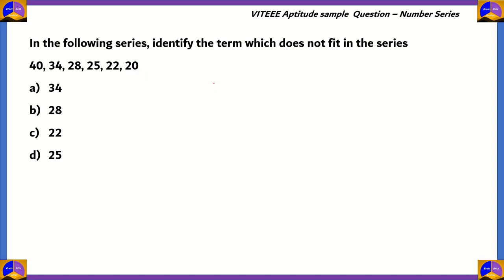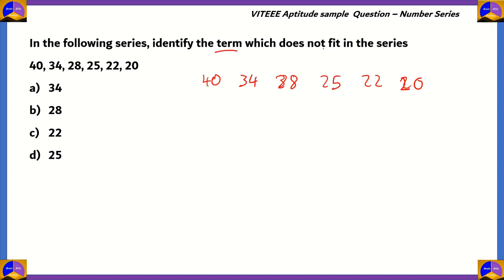In order to dissect any number series, the first thing we do is find out the difference between the consecutive numbers in each series. So, for example, you have 40, 34, 28, 25, 22, and 20. In this particular type of question, there is one term that does not fit in the series.